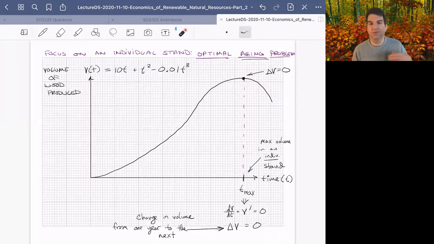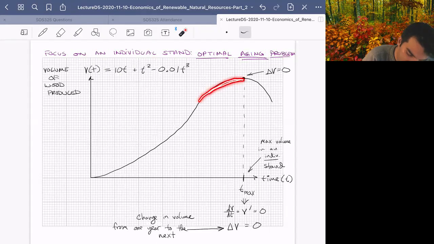in a particular rotation. Now, the question is, if we want to harvest over a long period of time, to ask what is the maximum wood volume we can get over long periods of time, is it worth waiting on this slow stuff here?